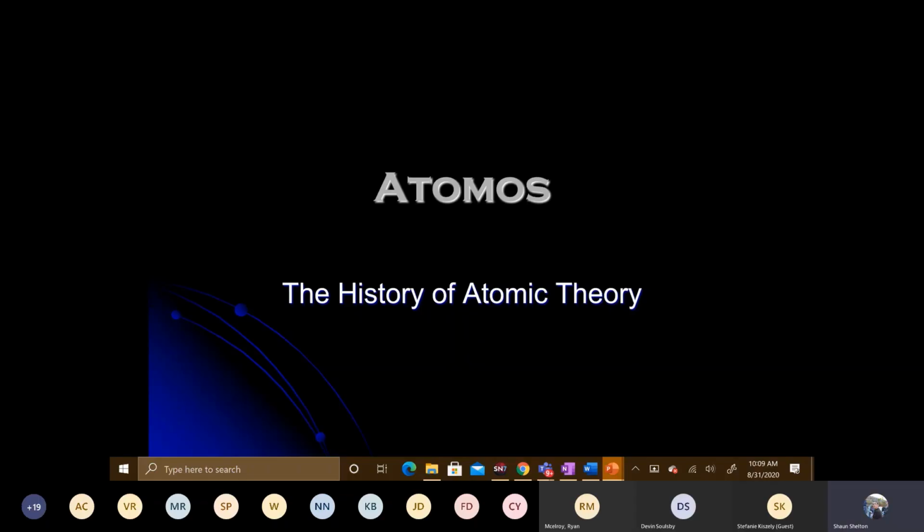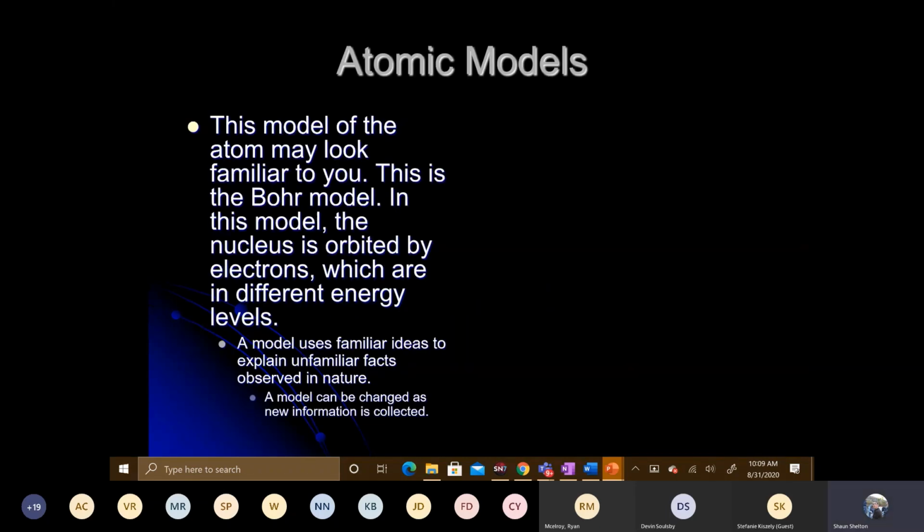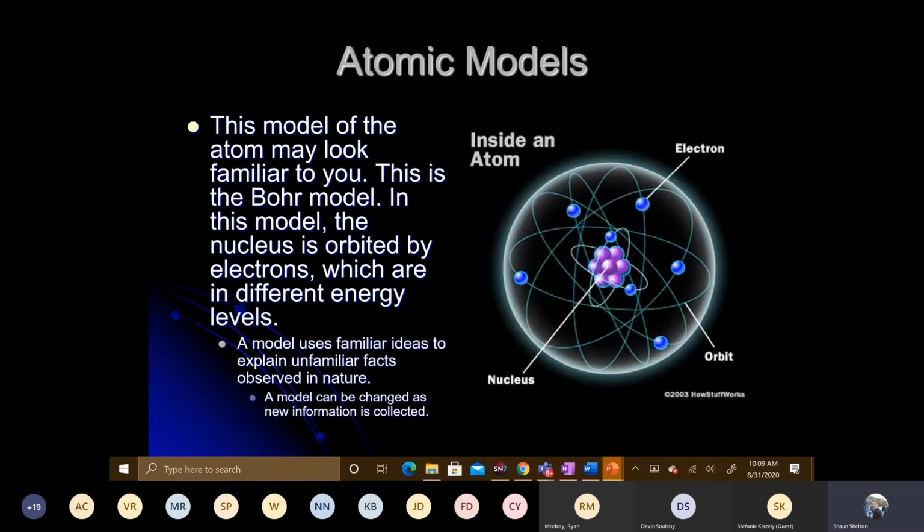Their own point of view as to what an atom looks like. So I bet you a lot of you drew the atom that looks like this. How many of you drew an atom that looks like that? Anybody?